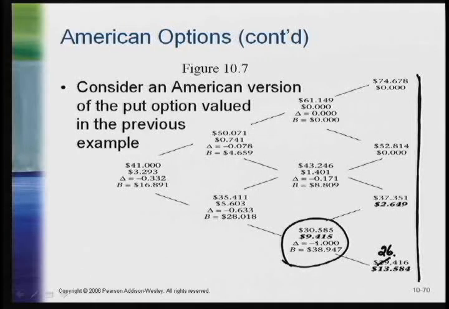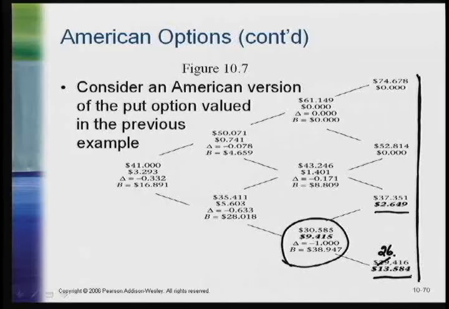So this is a place where the exercise value of 9.415 was in excess of the expected present value of the option exercises in the following period. In all the other calculations where we did expected present value, that was not so.